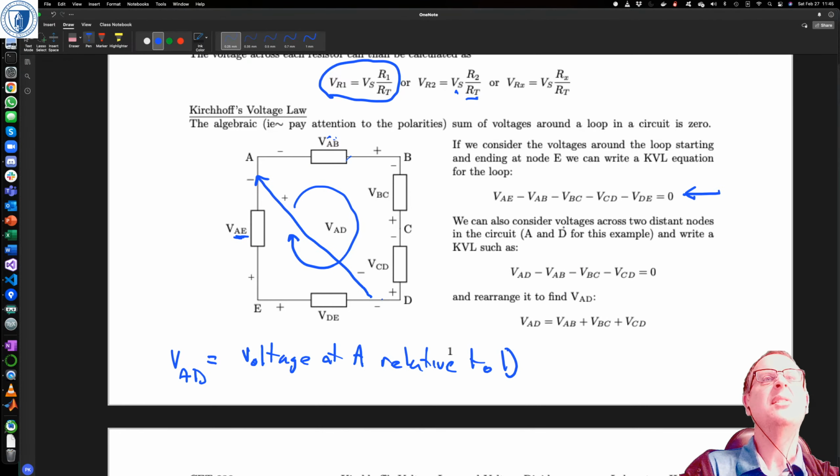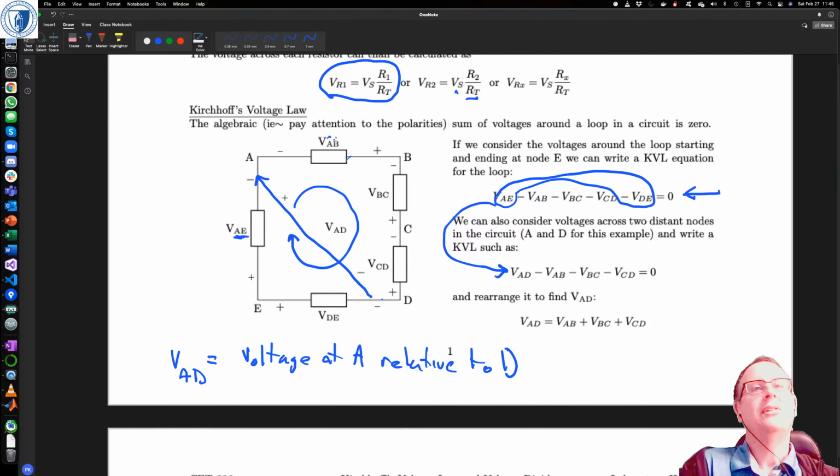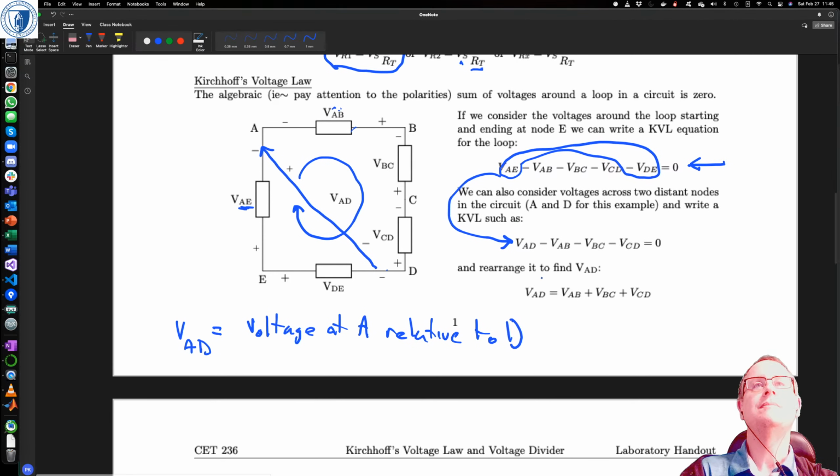It's exactly the same equation, except now the two endpoints are combined into a single VAD here. But it's exactly the same equation.